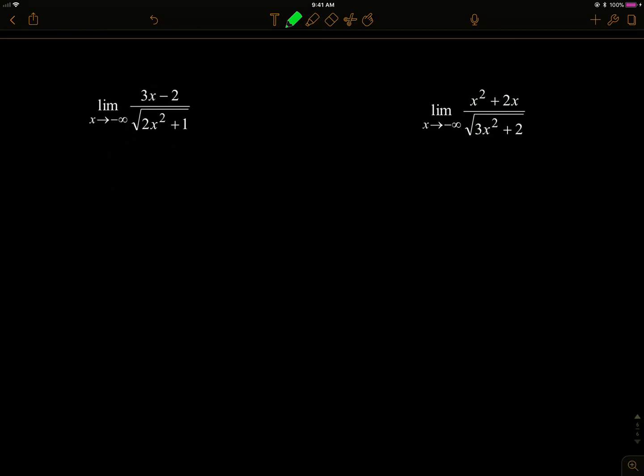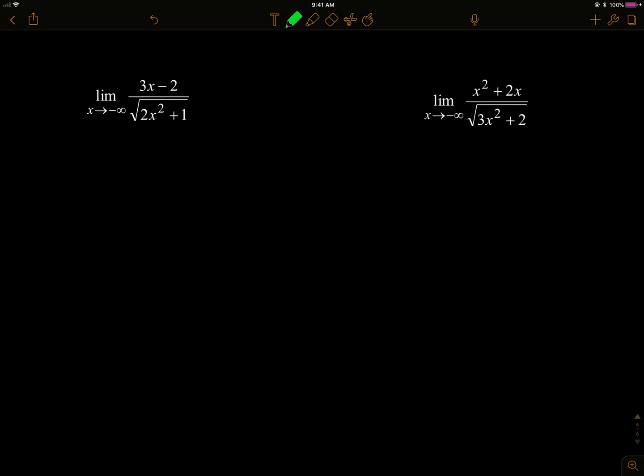All right, let's try 2 more. So in this case, the square root of x squared is going to be equal to negative x, right? So I see a square root in the denominator. I see that we're using negative infinity, so this is how I come up with this.